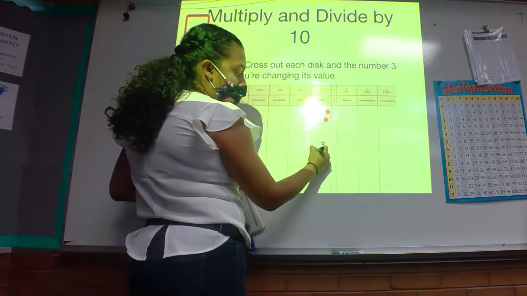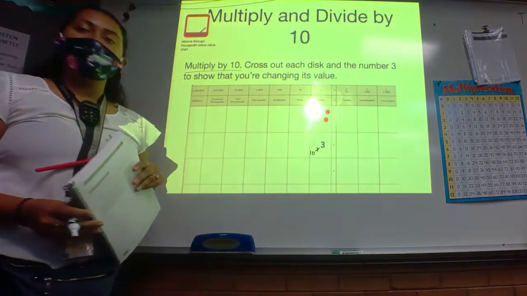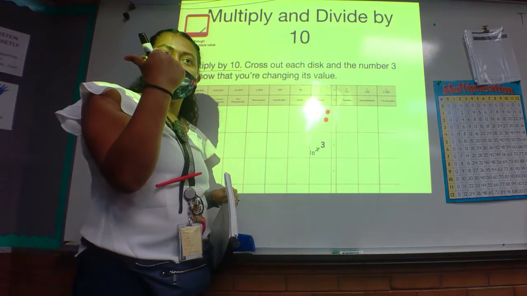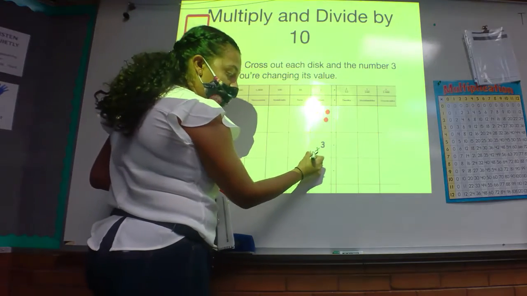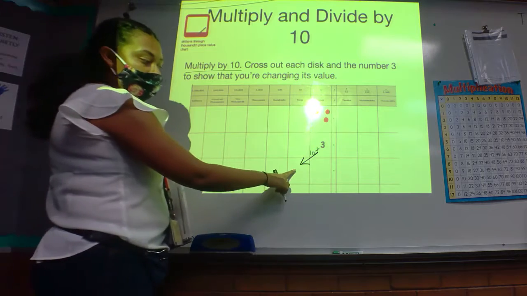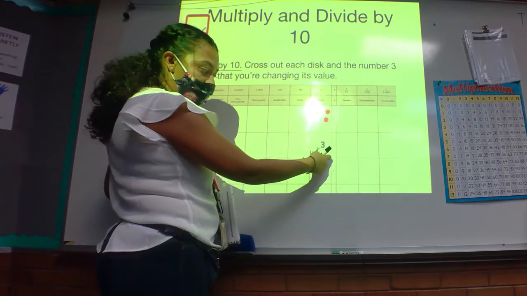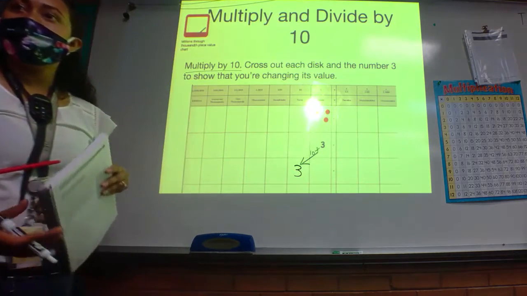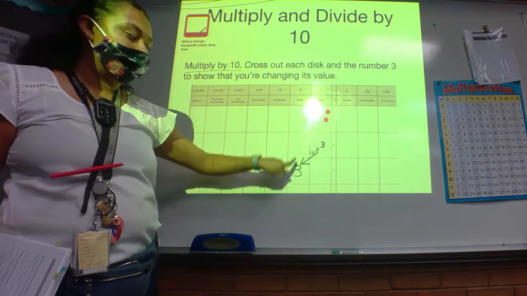So if we're going to multiply it by 10, which way are we shifting? To the left. Good, Bo. How many shifts? One. Good, Alejandro. One shift. So we would show one shift with your arrow. Draw it. So if you want to do the dots or the digit 3. And we will now have 3 tenths.